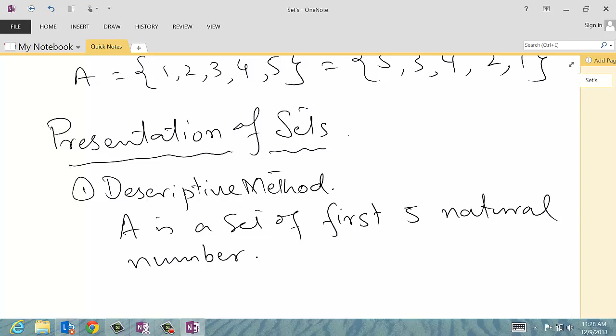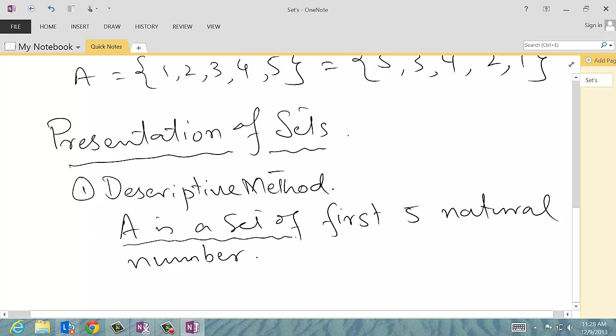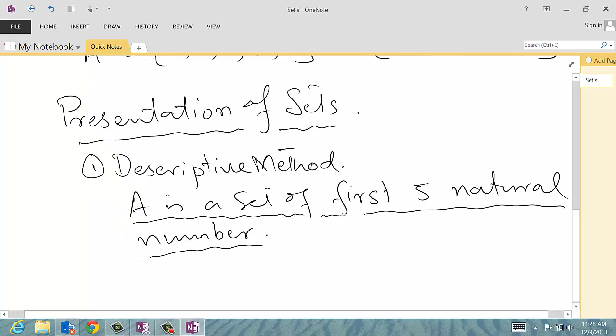A is a set of first 5 natural numbers. This is the statement. If you tell somebody that A is a set of first 5 natural numbers, and that person understands what the natural numbers are, he probably is going to get the meaning.